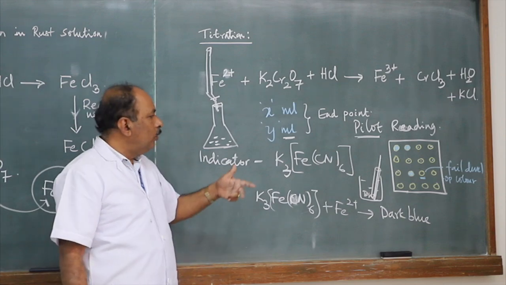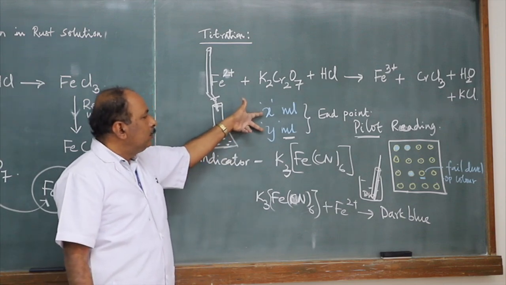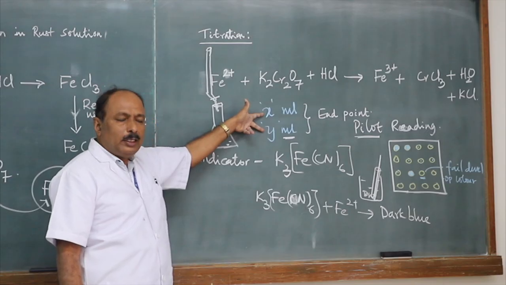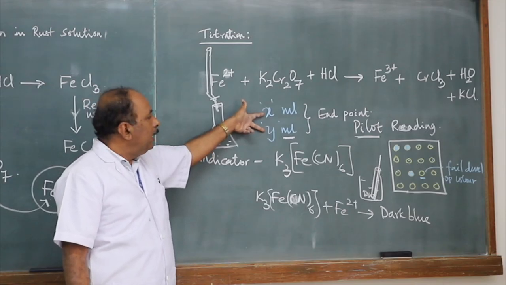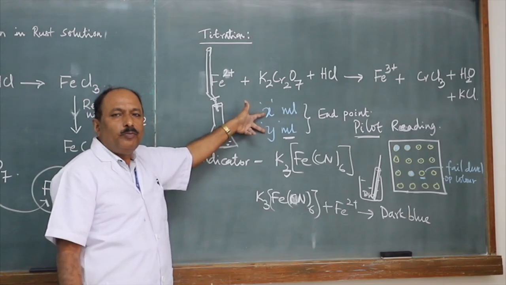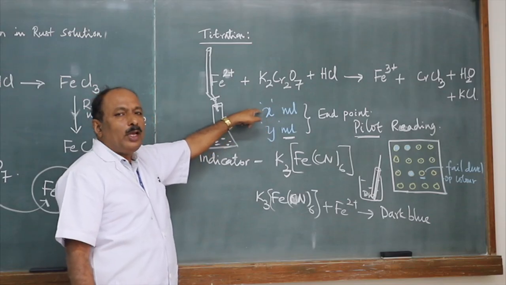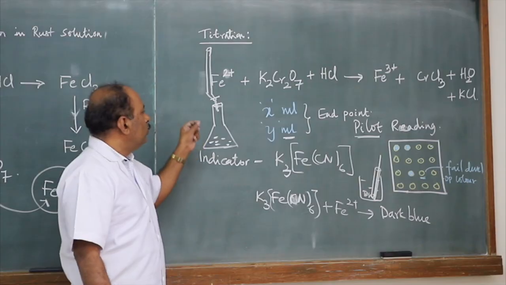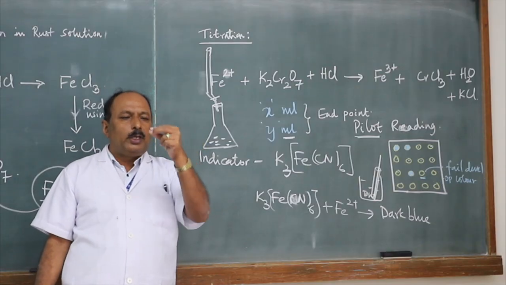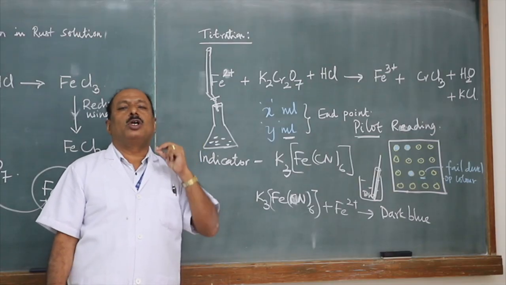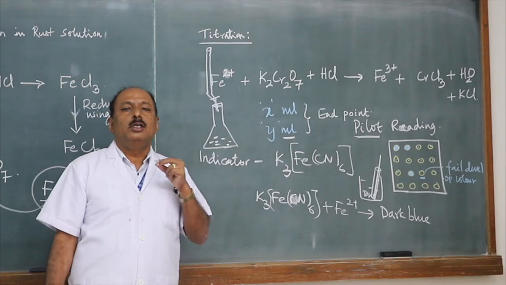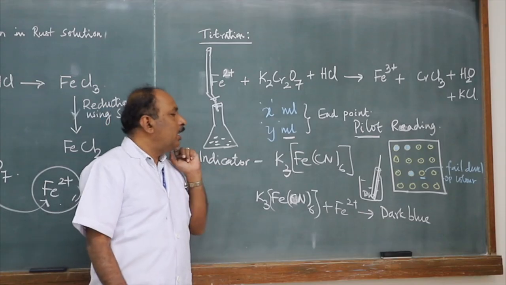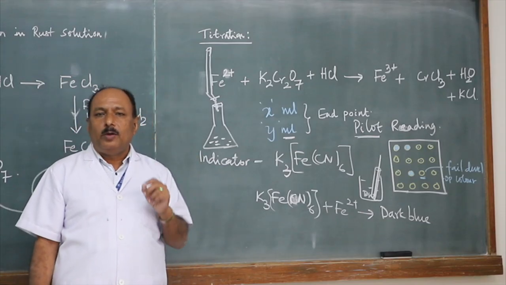And we have come to know from the pilot trial that the end point of the reaction lies between X and Y. So, till it comes to value X, you can do it at a stretch. From then onwards, you go on adding 2 drops of potassium dichromate from the burette into the conical flask and go on checking for the color change.